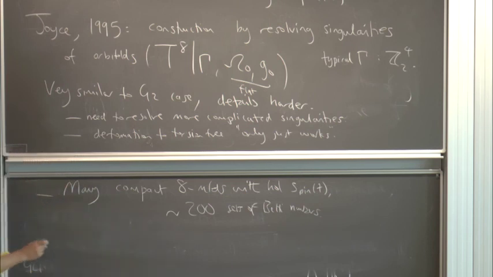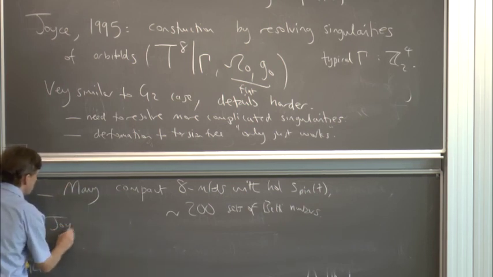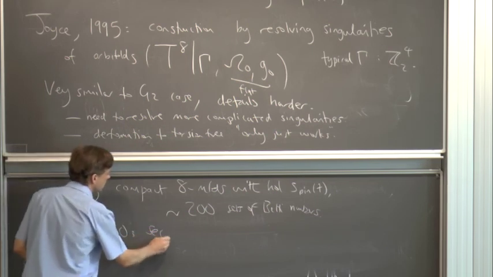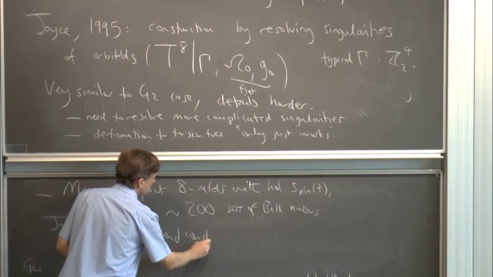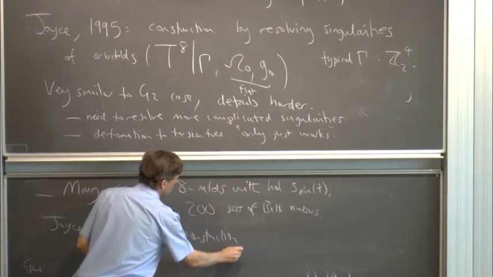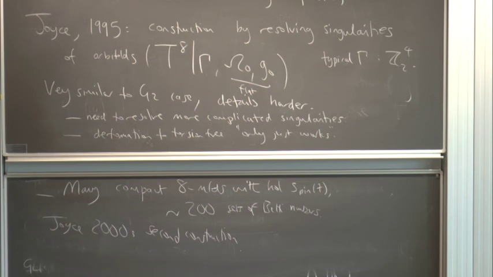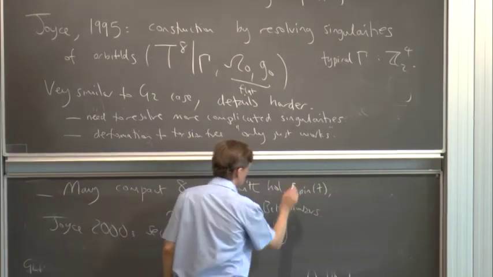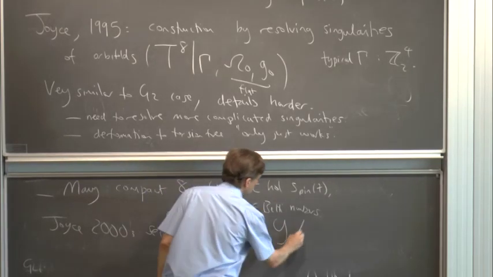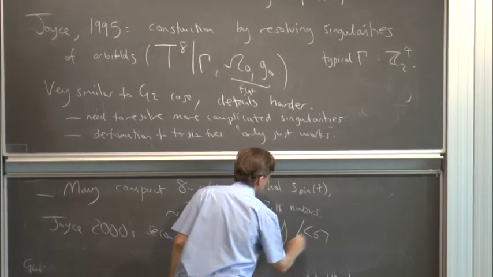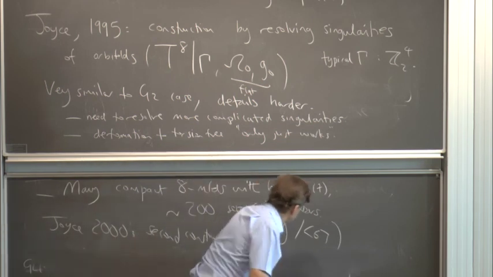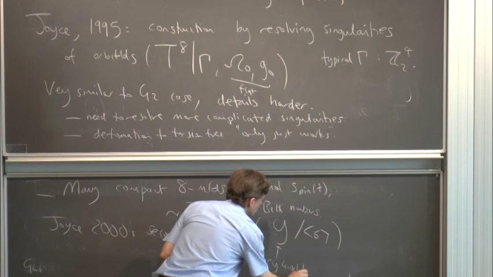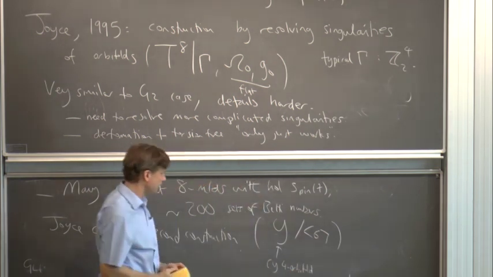There's also a second construction where you start not with an 8-torus, but with a Calabi-Yau 4 orbifold with singularities of a certain type.